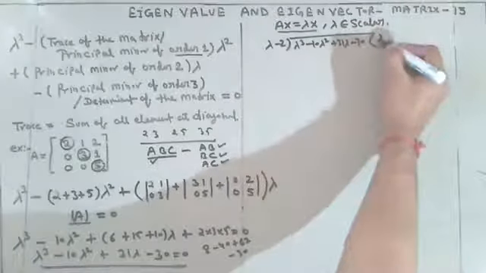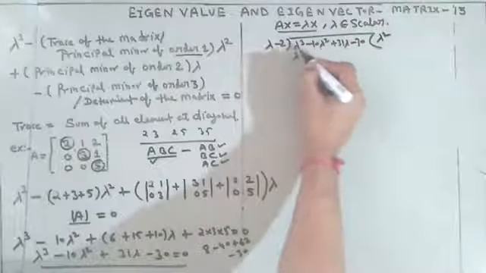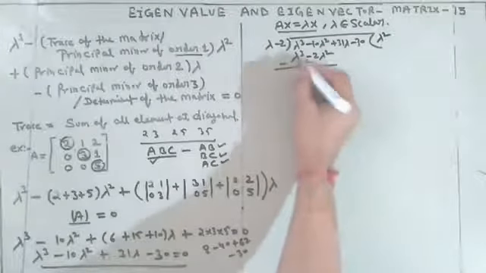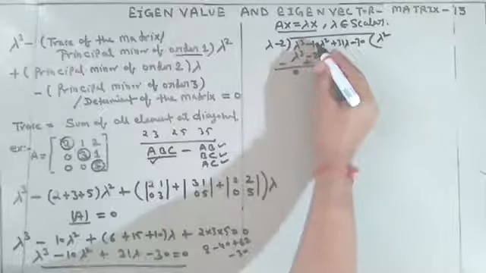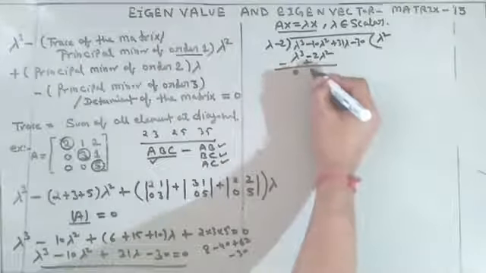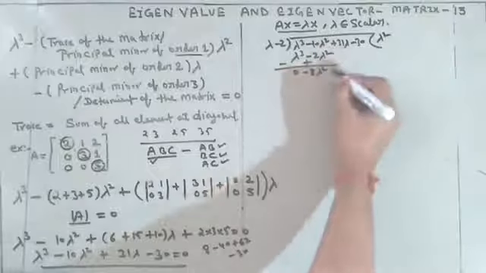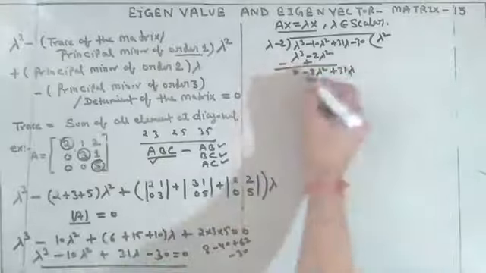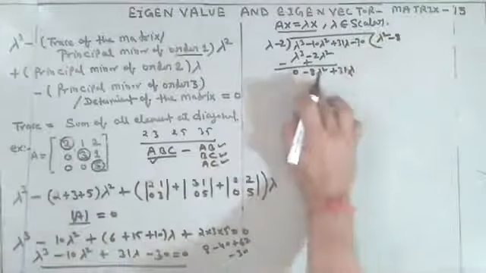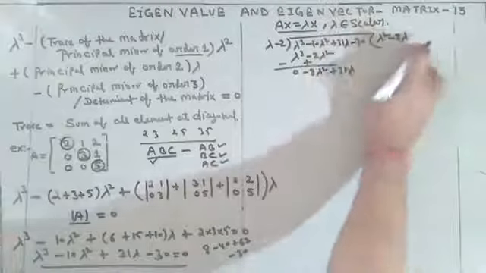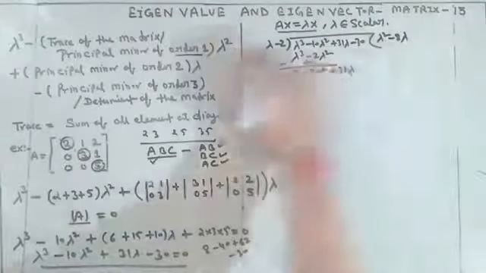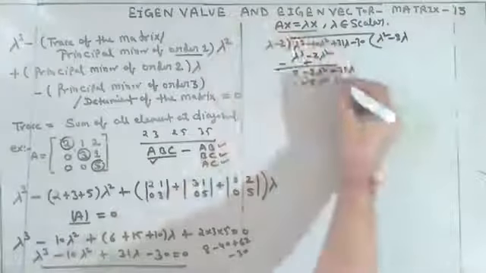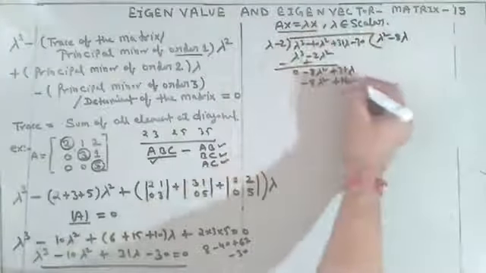At first you multiply lambda square by this, then you will get lambda cube minus 2 lambda square. Then after subtracting, minus 10 plus 2 is equal to minus 8 lambda square. Then comes 31 lambda. This is the high school method. Again you multiply by minus 8 lambda, and you will get minus 8 lambda square plus 16 lambda.